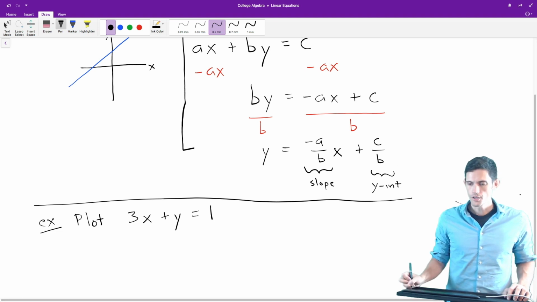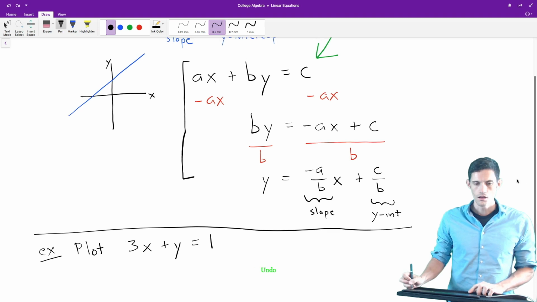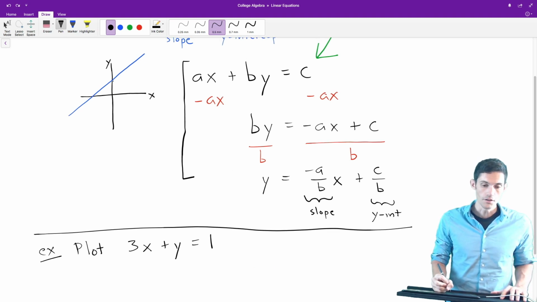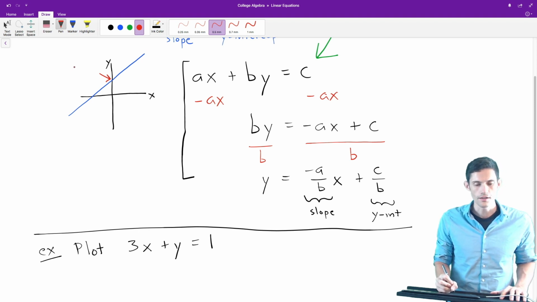If I'm looking at the graph of a line, I only really need to know a couple of things to be able to draw it. I need to know where it crosses the y-axis. That's the y-intercept, which is here. That's where it intercepts the y-axis.